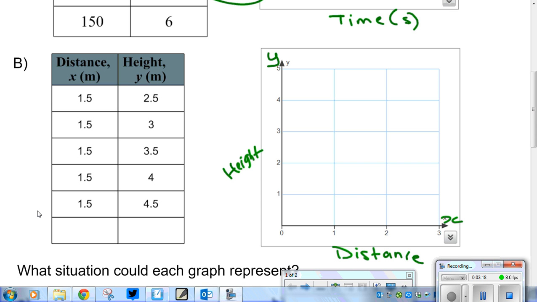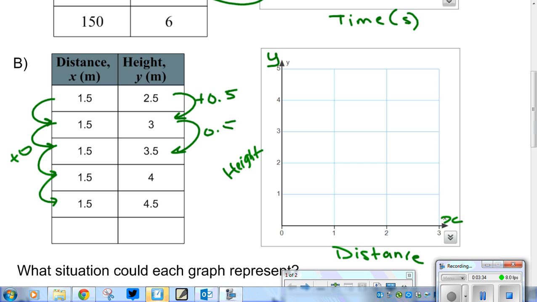Okay, so we have distance and we have height. And so this time when we look at the graph, distance is not changing. It's staying the same. Distance stays the same, but height is going up by 0.5, or half a meter. So notice that.